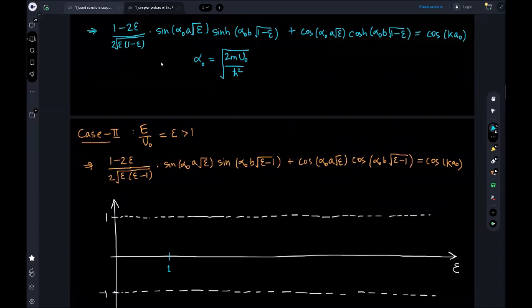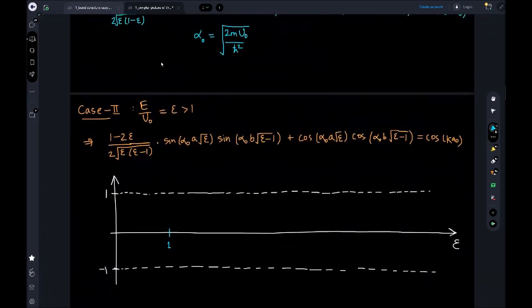As I was saying, if you plot the left-hand side of this equation, instead of alpha naught and a, and alpha naught and b, you can just plug in any values, let's say 5 or 4 or 10. If you actually plot this, you're going to get something like this. This graph comes down from infinity, and ends up something like this.